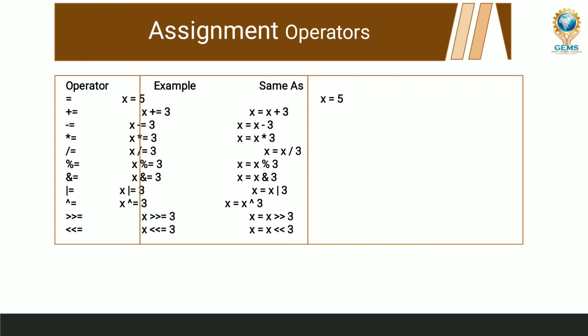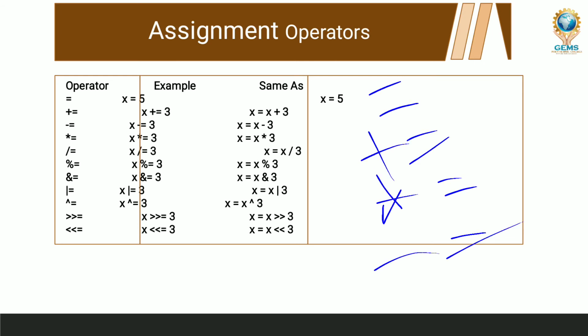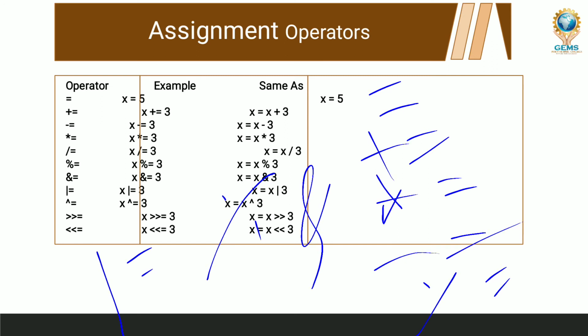Look here: equal, plus equal, star equal, minus equal, mod equal, and ampersand equal, or equal. These are the different kinds of operators that all belong to assignment. The purpose of assignment is to assign values to the variable.